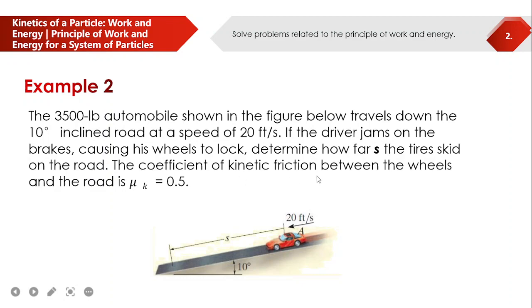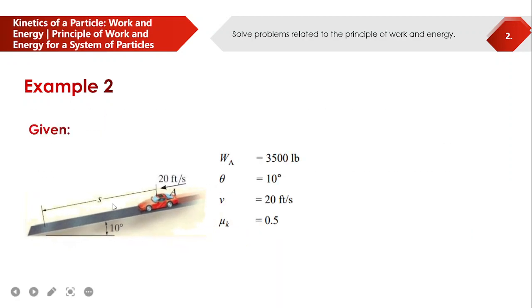The coefficient of friction between the wheels and the road is mu sub k is equals to 0.5. So, given is your figure, then your weight of the car is 3,500 pounds. Your theta is 10 degrees. Your velocity is 20 feet per second, and your mu sub k is 0.5.